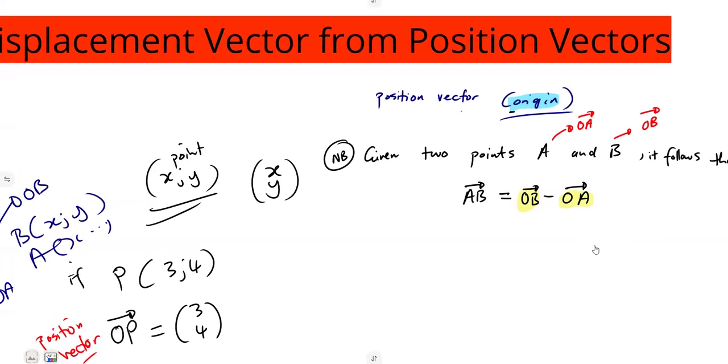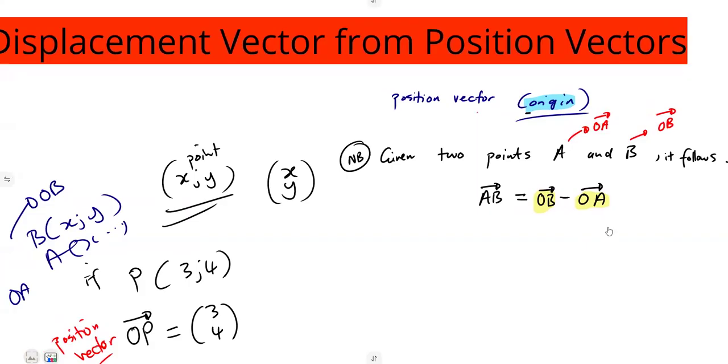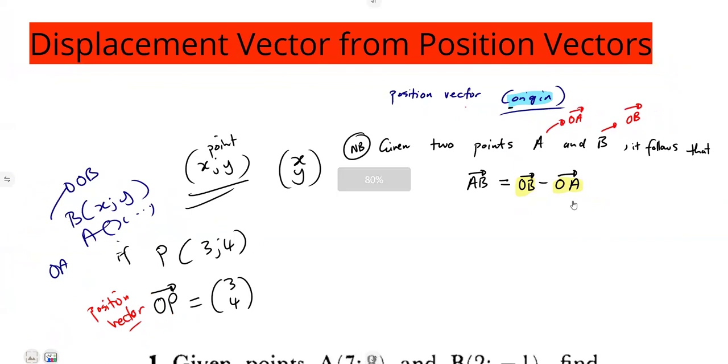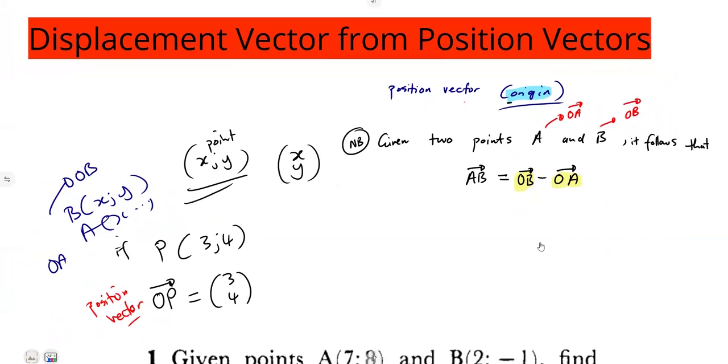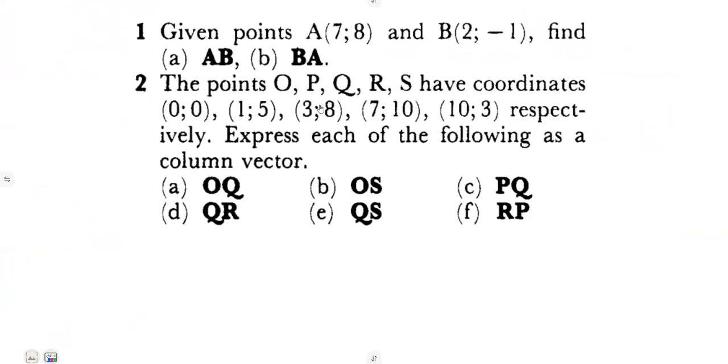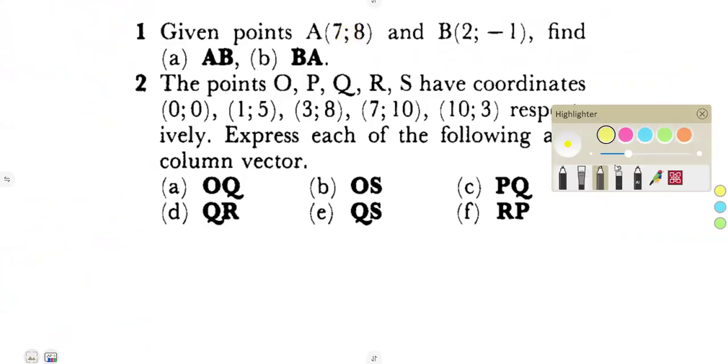This also can be used to find the points. You simply make the subject of the formula from whatever you're given. So that is the condition that you can use to answer questions such as these ones, where you are given points.